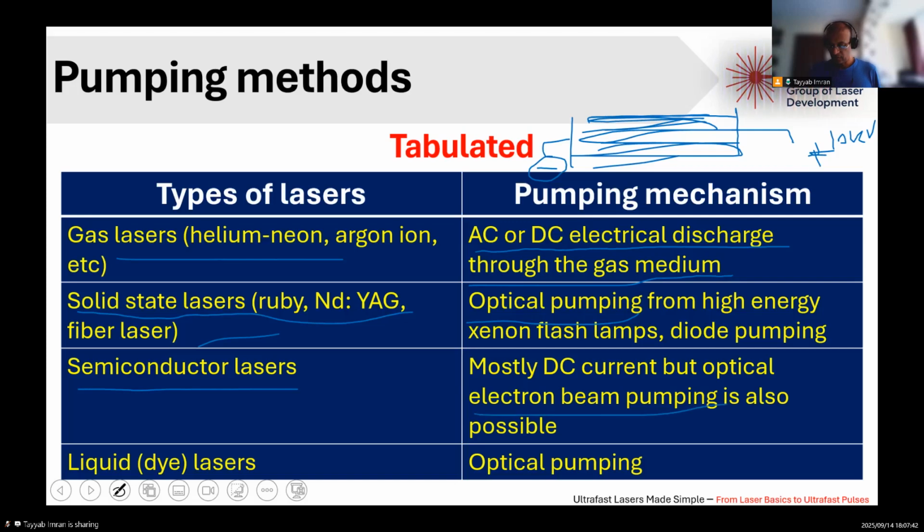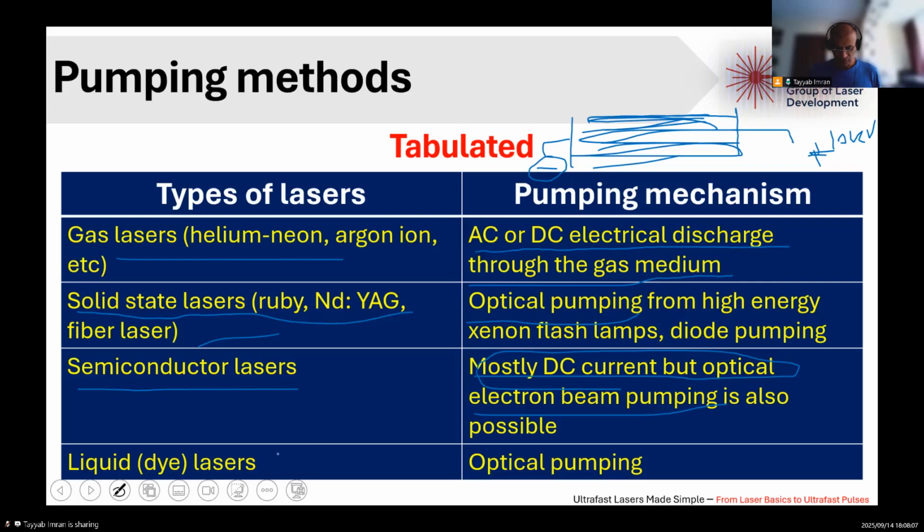If I get knowledge about it, I will explain this a bit. But at the moment, keep in mind that a DC current source is used to pump semiconductor lasers. Aluminum gallium arsenide, or something like this, whatever it is.